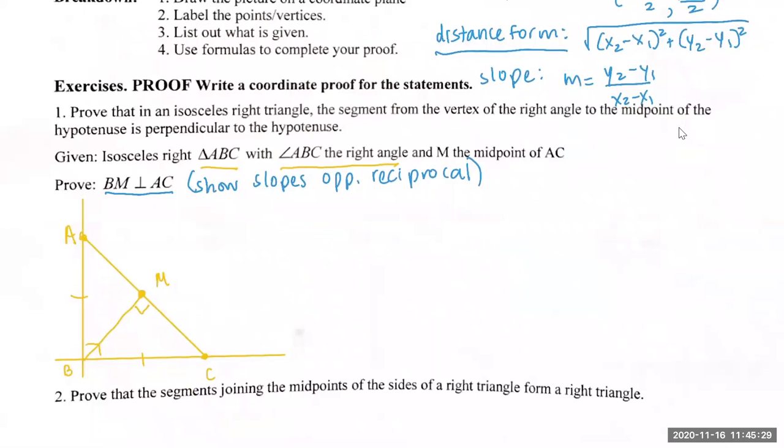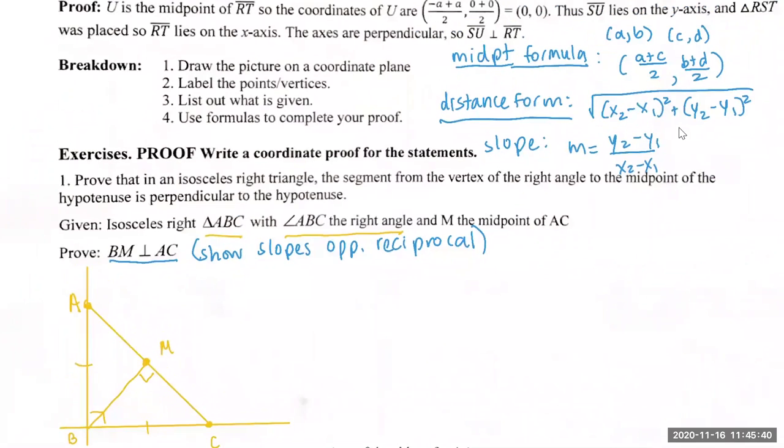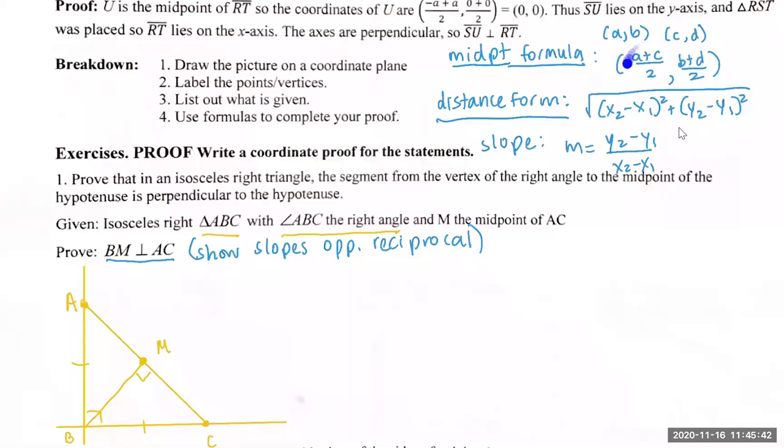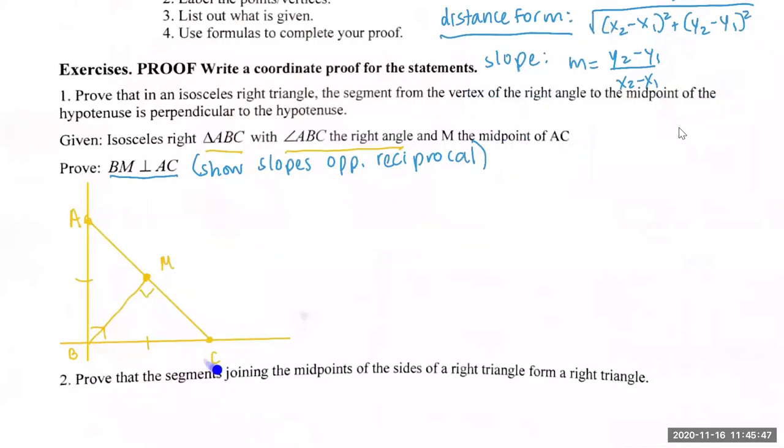Just looking ahead, we're going to have to define a coordinate point for A, B, C, and M. M happens to be, again, the midpoint of AC. When I think about the midpoint, I know that I'm going to have to take something and then divide it by 2, so I might want to assign variables that are easily divided by 2.